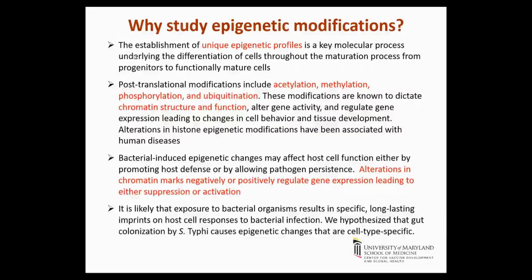There are many epigenetic modifications, including acetylation, methylation, phosphorylation, etc. And these modifications dictate chromatin structure and function and regulate gene expression. And in fact, certain histone epigenetic modifications have been associated with human disease.